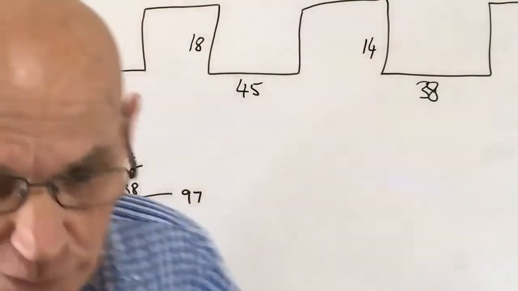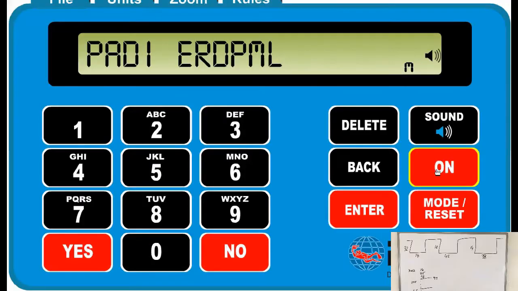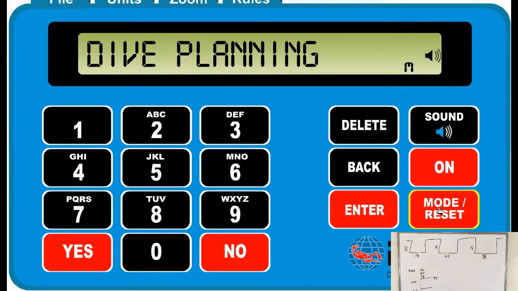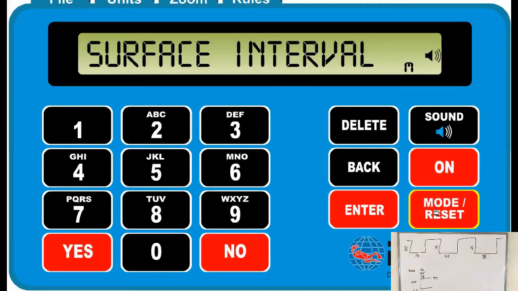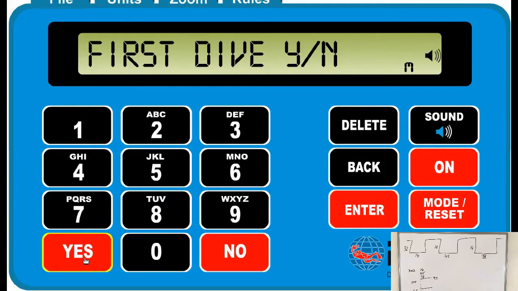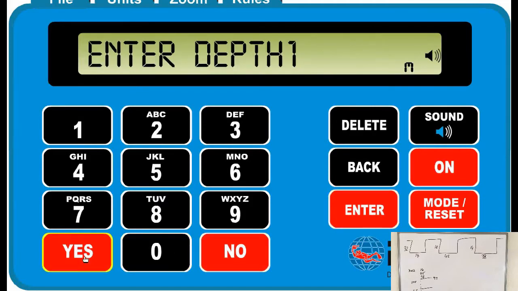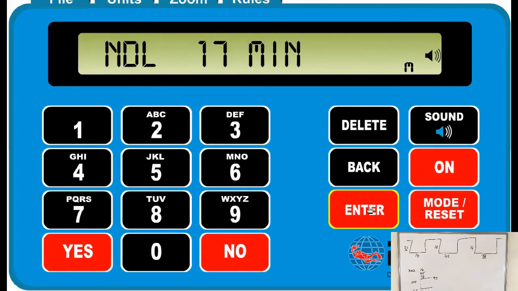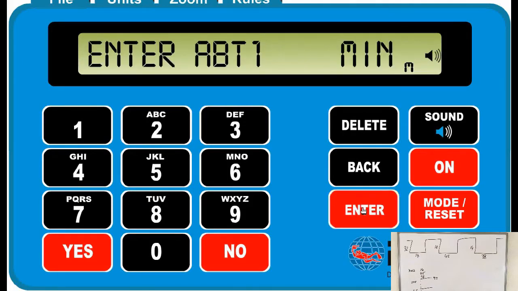So we're going to start off with surface interval. We switch it on and select the mode of minimum surface interval. First dive, yes. Enter the depth of the first dive, 32 metres. We can stay there for 17 minutes, but we're only going to stay there for 14.